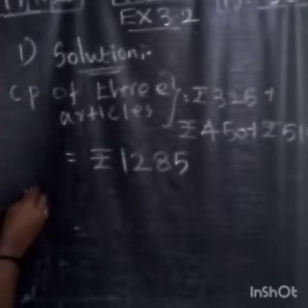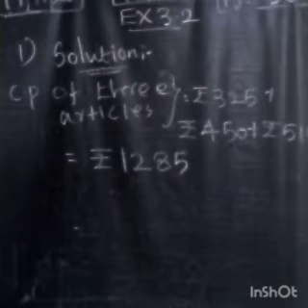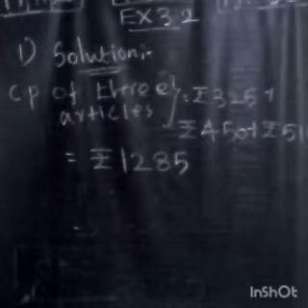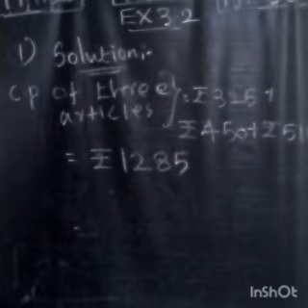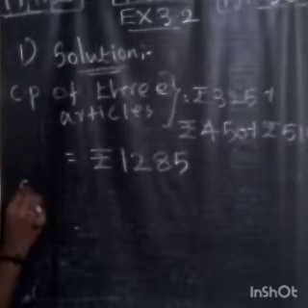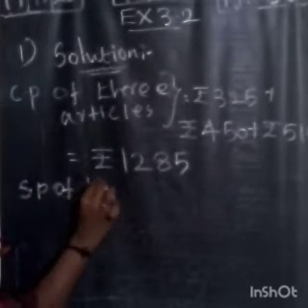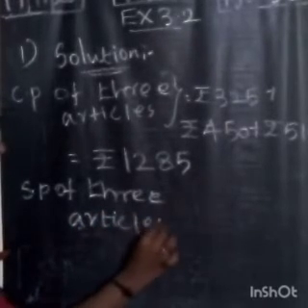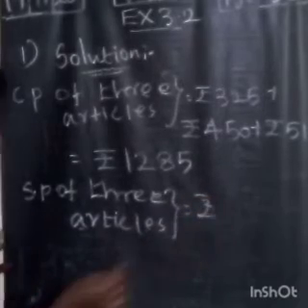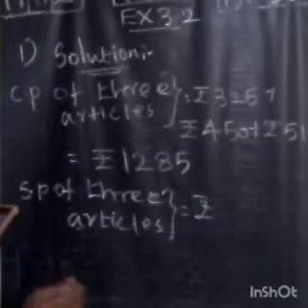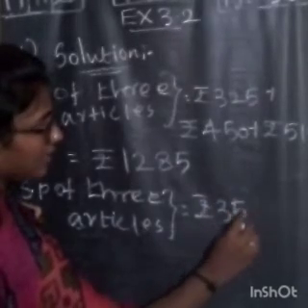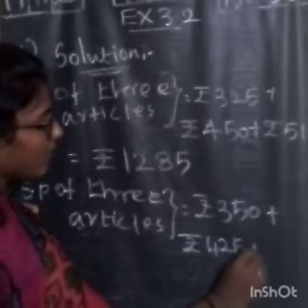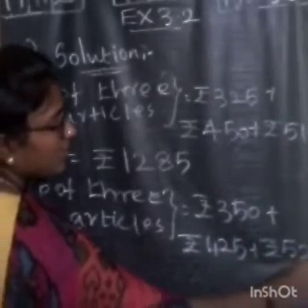So cost price of three articles is rupees 1,285. And then he is able to sell them for rupees 350, 425 and 525. So selling price of three articles is rupees 350 plus rupees 425 plus rupees 525.